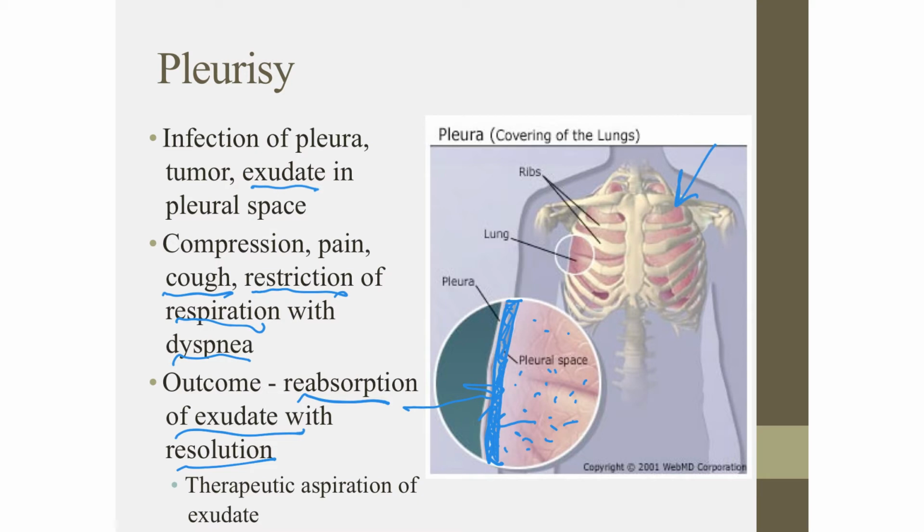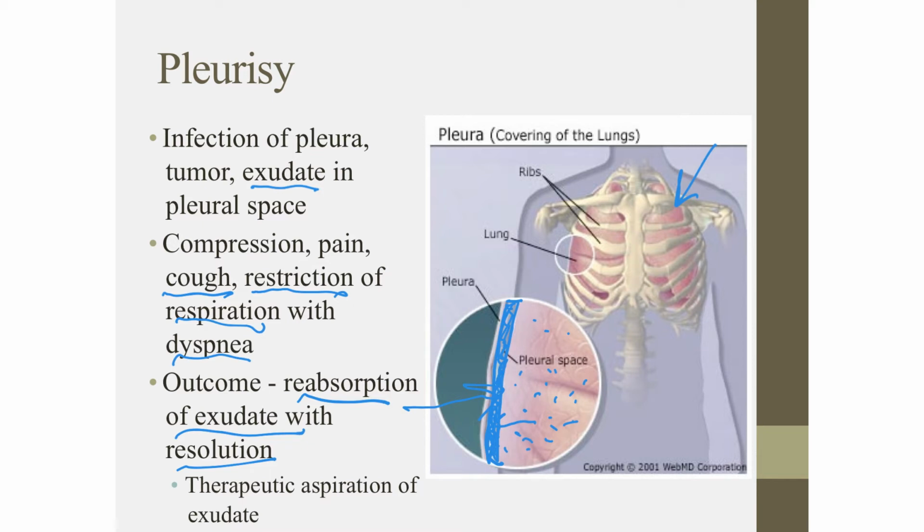We can fit liters of fluid in that space around the lungs. Even though they use a pretty large gauge needle, and it looks just medieval when you watch these aspirations, individuals who undergo this say that the relief is immediate and they can breathe again, and then the pain is reduced. So that's pleurisy, an inflammation or infection of the pleura.